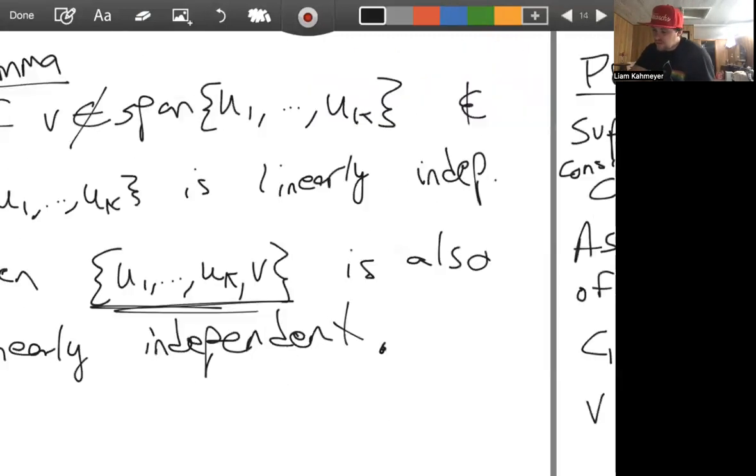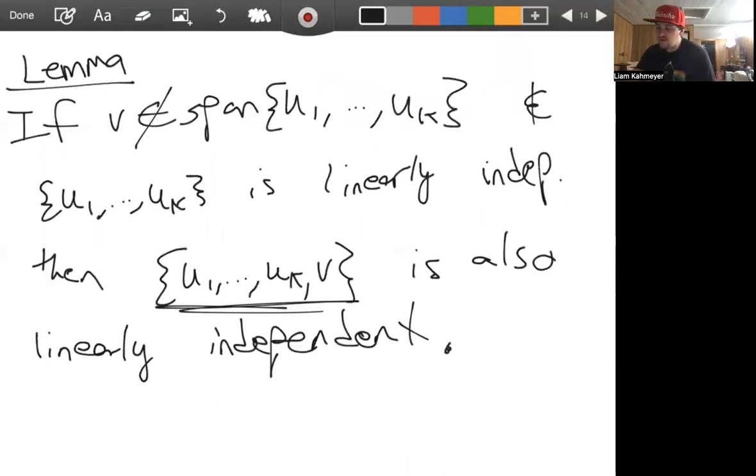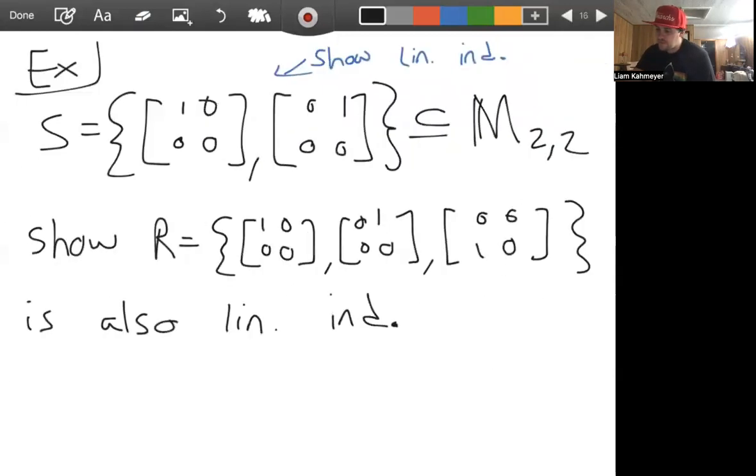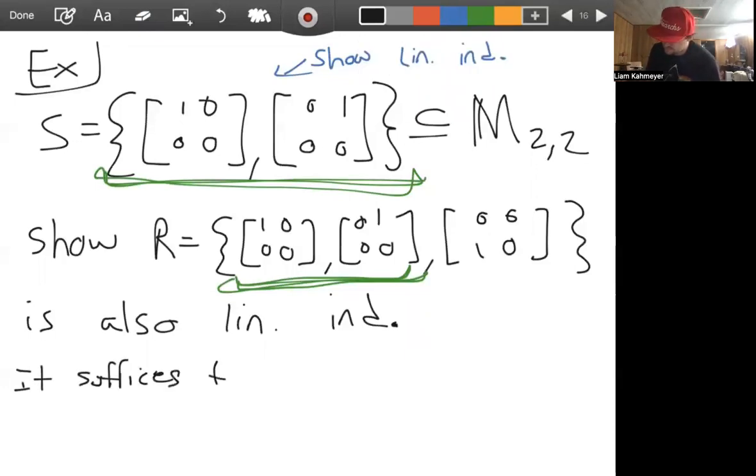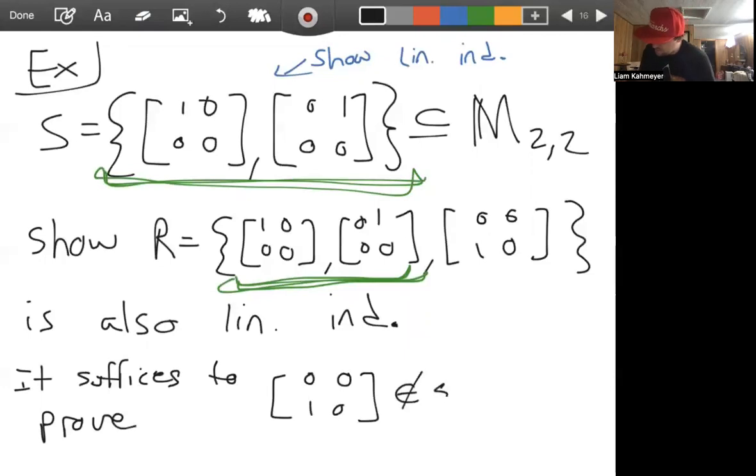Okay, so by the last lemma, what we have to do is just show, because by now we are able to use the assumption that this set is linearly independent, which is the same as the first two vectors in the set R. So by the previous lemma, it suffices to prove that 0, 0, 1, 0 is not in the span of S, right?